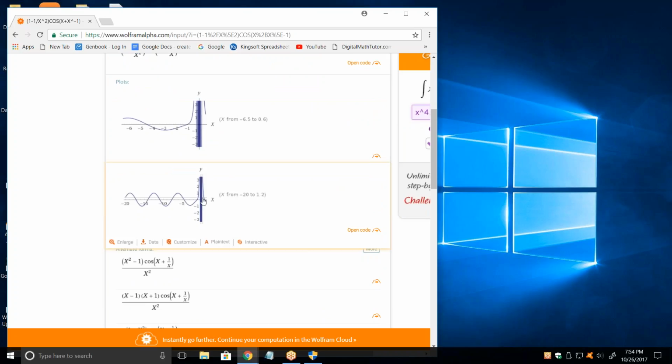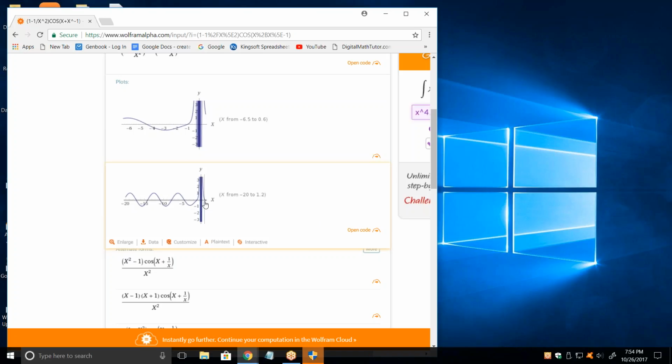I'm assuming, can you see where my cursor is? Mm-hmm. I'm assuming that it does exactly the same to the right as it does to the left. In other words, it follows a sine curve. Like that. Okay? So where is it negative?